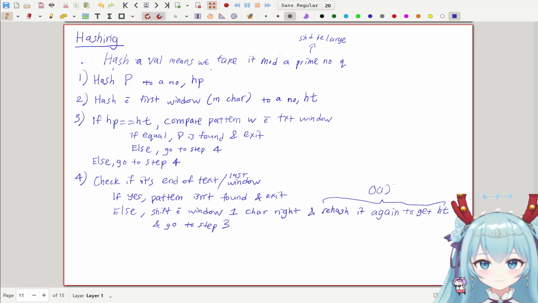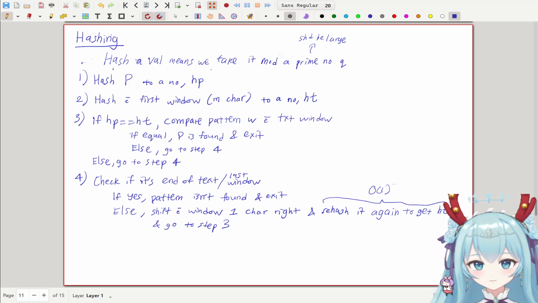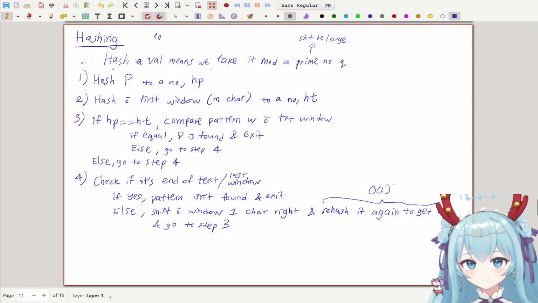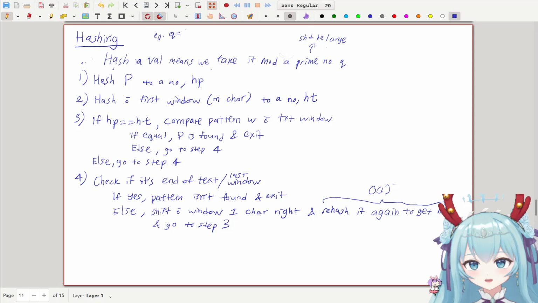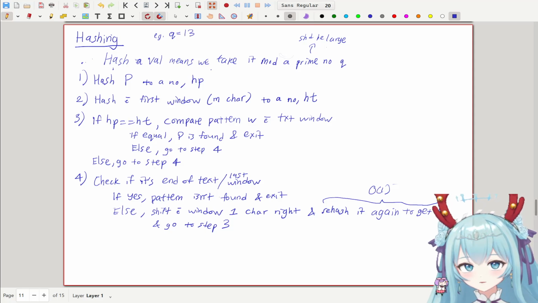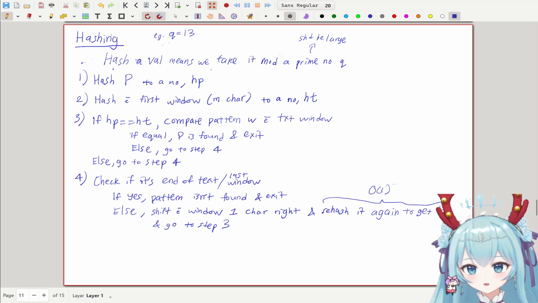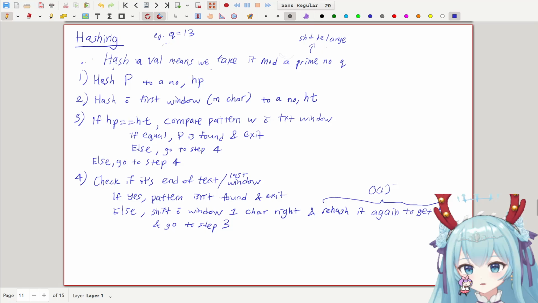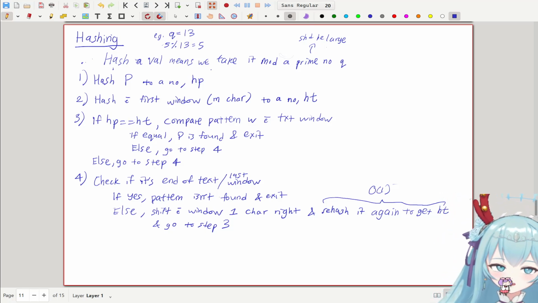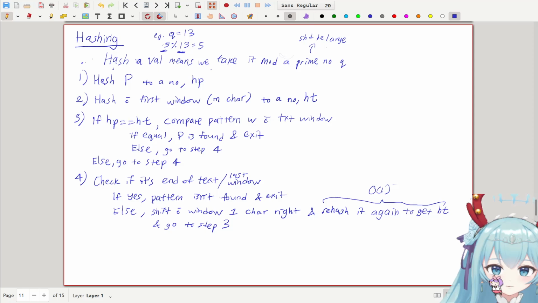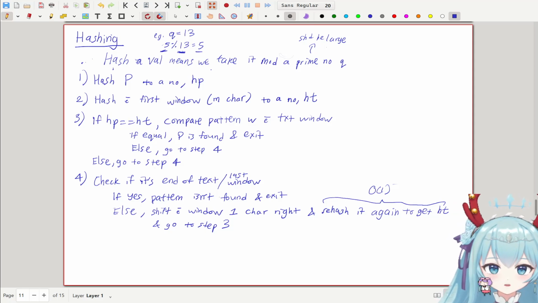And why is it large? Well, I'll explain it in a moment. For example, q should be larger than 13, but I'm just using a smaller q here so it's easier to calculate. Let's say I have 5 mod 13, that gives me 5. So this is what hashing is. You're given your original number and then you mod it with another number to get a result.